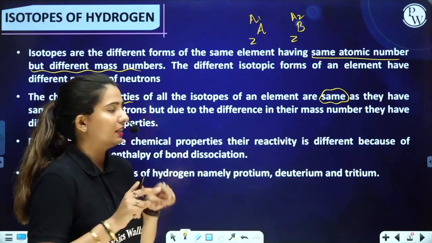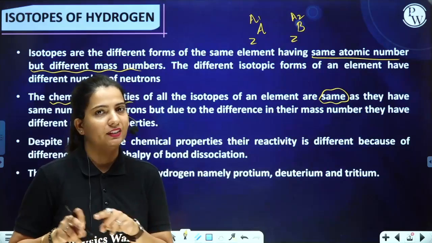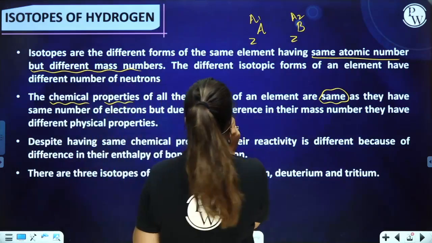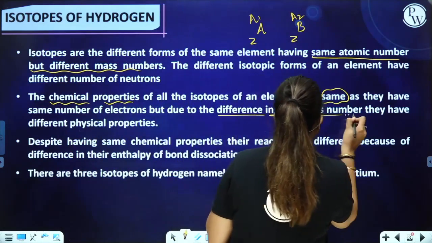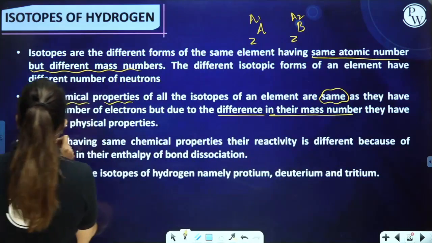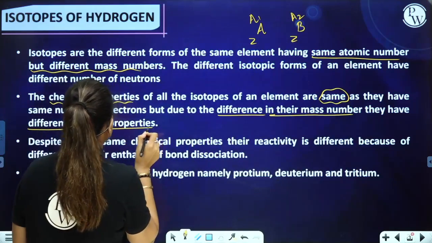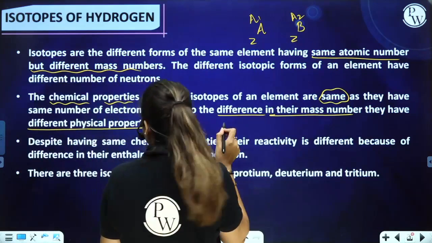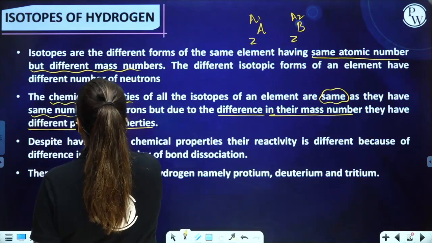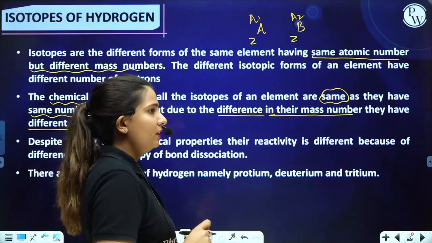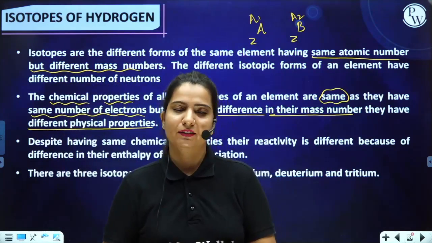So they have different mass numbers, that's why they have different physical properties, right? So I'm just underlining the things. Difference in the mass number creates different physical properties, whereas the same number of electrons gives you the information that their chemical properties will be same. Okay.